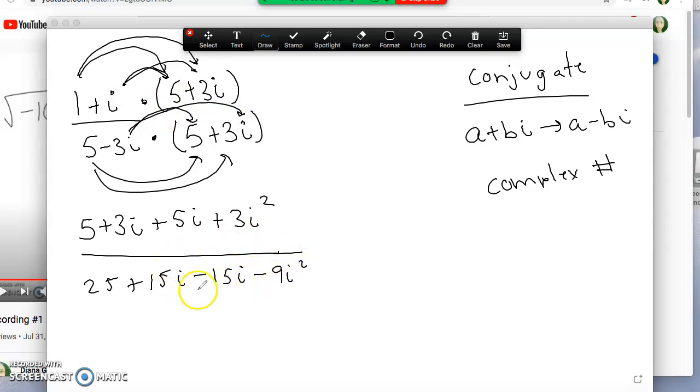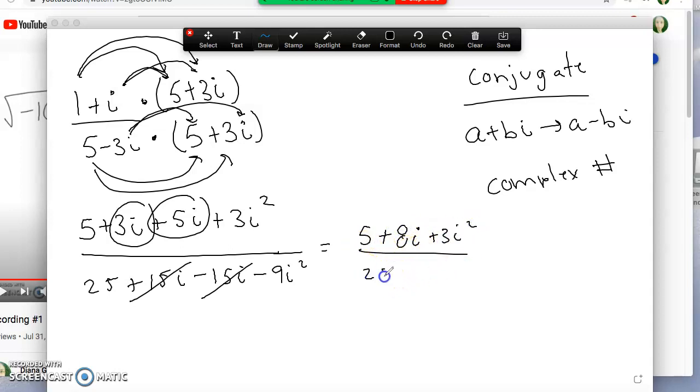Oh, look what happens here now. The 15i cancel out. So now I'm left with, I can simplify the top here, so that's 5 plus 8i plus 3i squared over 25 minus 9i squared.